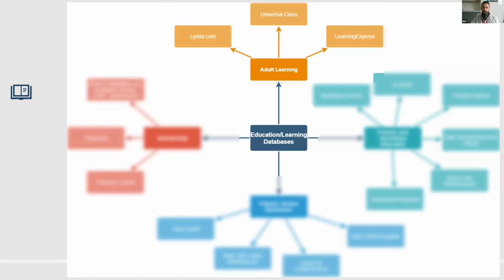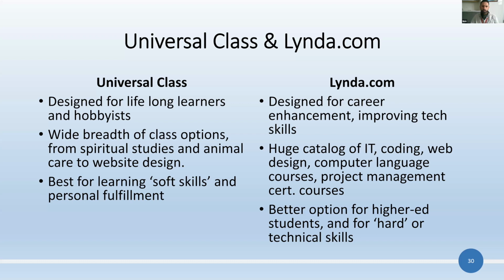So even though it seems narrow focus with adult learning, these databases still provide a pretty wide variety of features and serve a variety of audiences. So we're looking at Universal Class and Lynda.com, and I'll go back and we'll look at the interfaces of those databases in our database page. But this is just the main features and some of the differences.